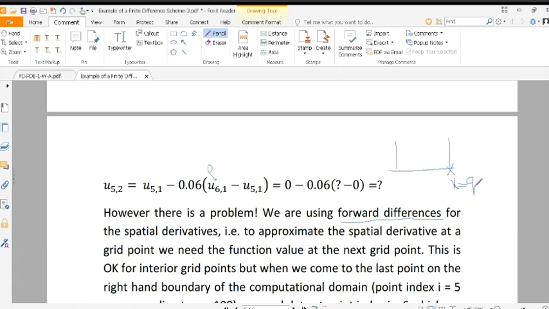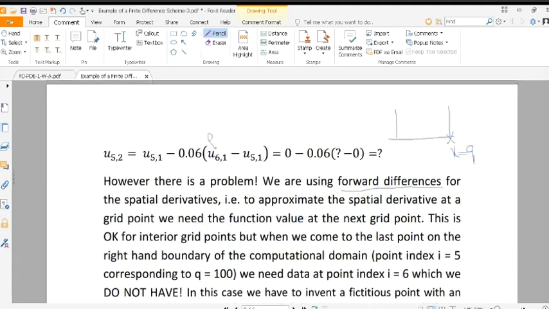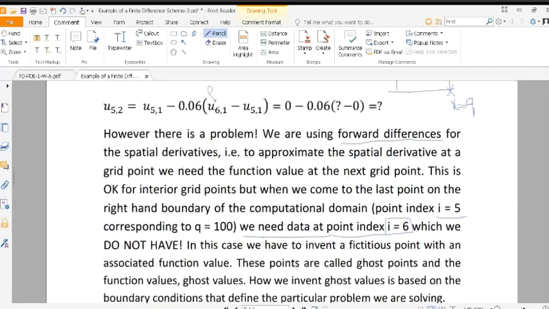For our example, this x is x with index I equal 5. We need data at point index I equals 6, and we don't have this value.